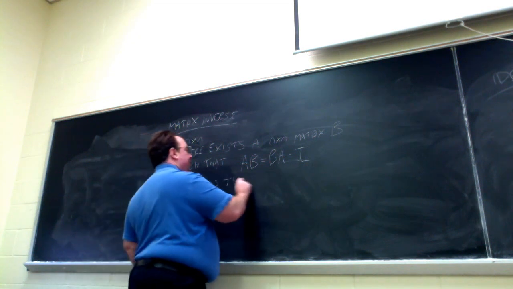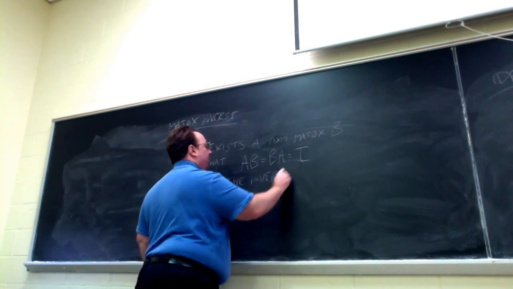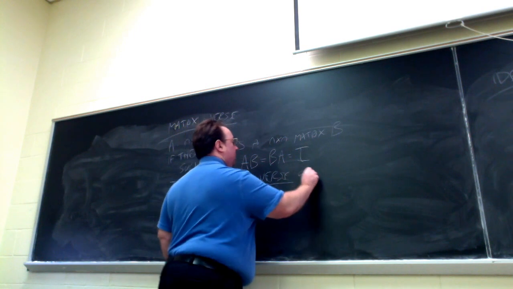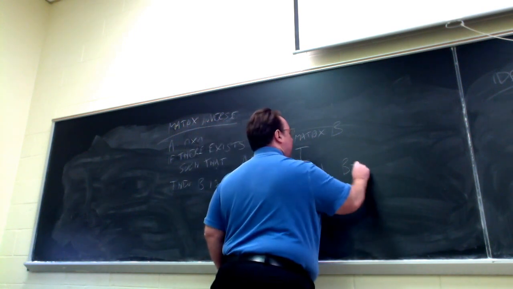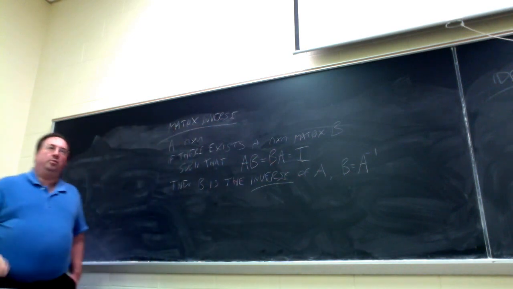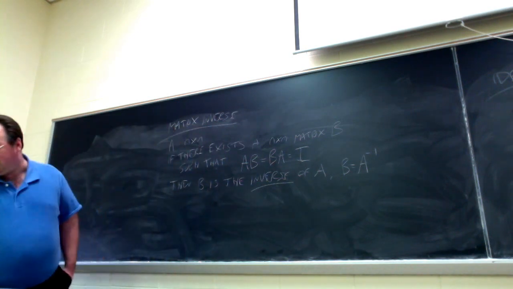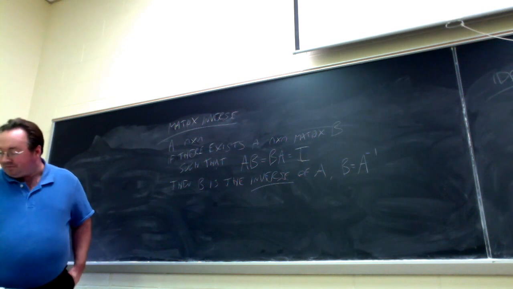And B is the inverse of A. And we write that B is A inverse, just like the same notation we use for reciprocal. So you can think of it the same way.